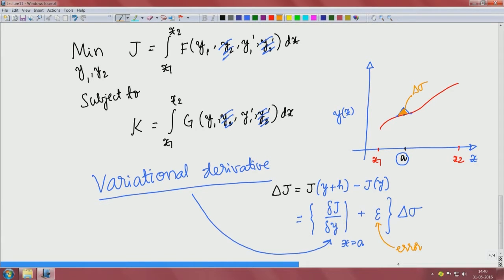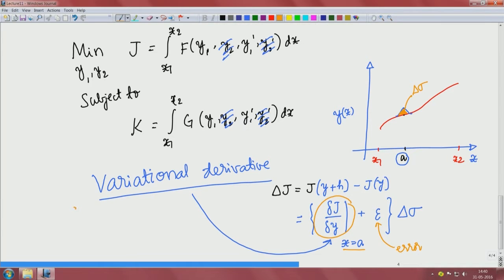That first order term we wrote in this form, and this becomes the variational derivative. At x equal to a there will be some value to it, at x equal to b, another point, there will be a different value. As I move along the domain from x1 to x2, this expression delta J by delta y will keep changing.